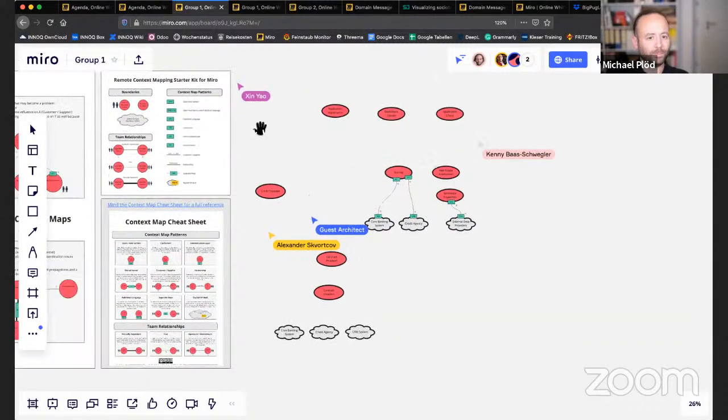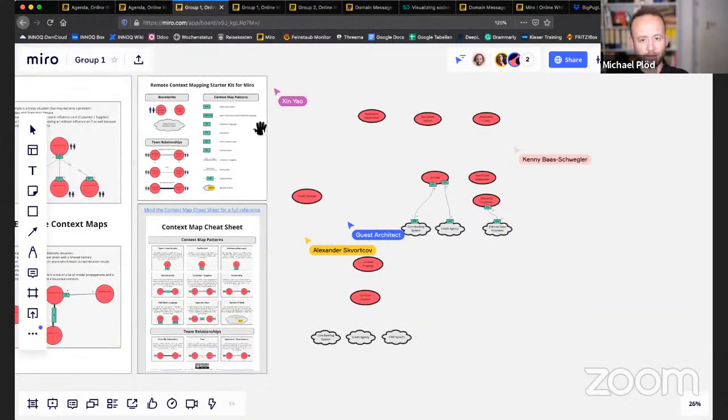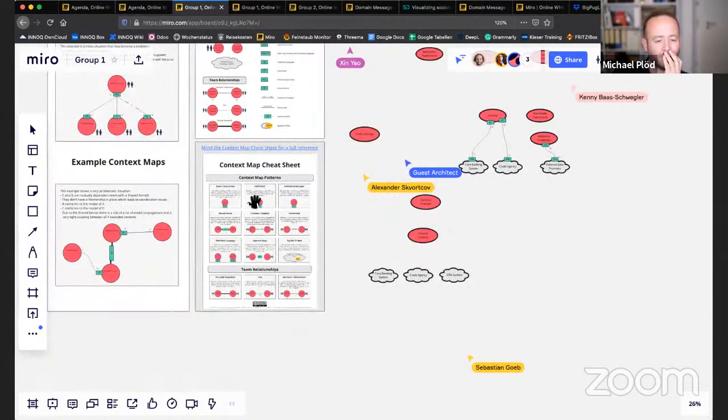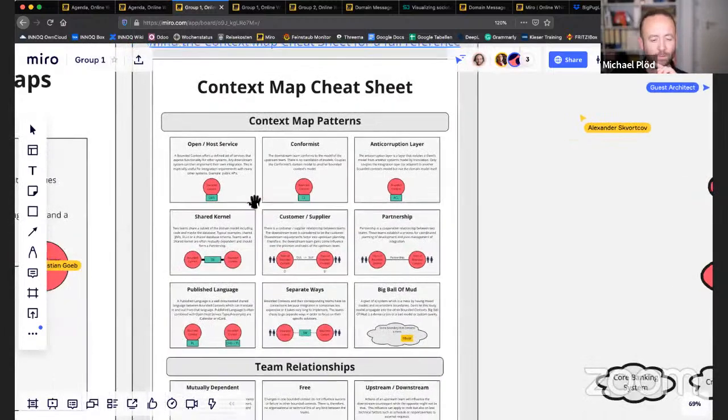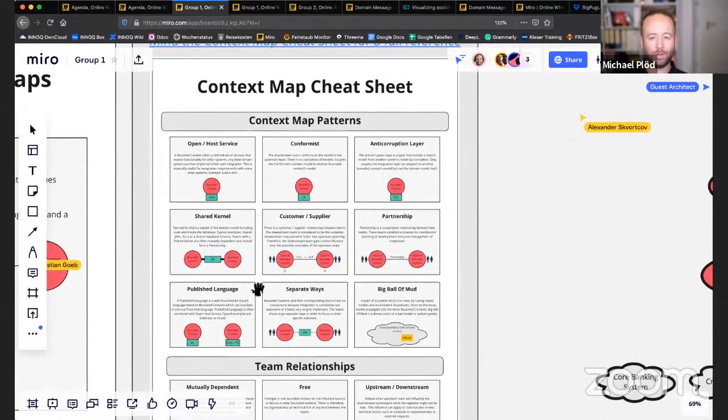Let's go into 2 more patterns for today. We'll do 1 more exercise, and I'll give you a little more time for that. I would like to discuss with you published language and customer-supplier in the next exercise.